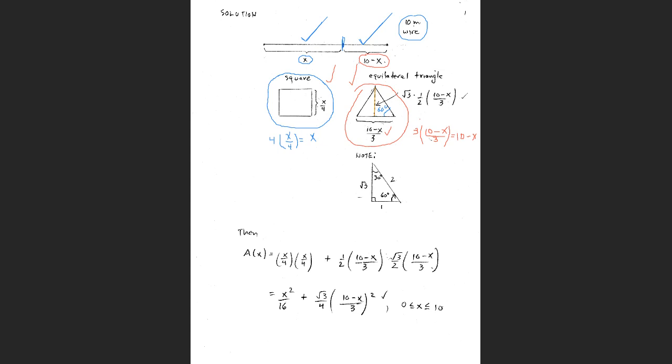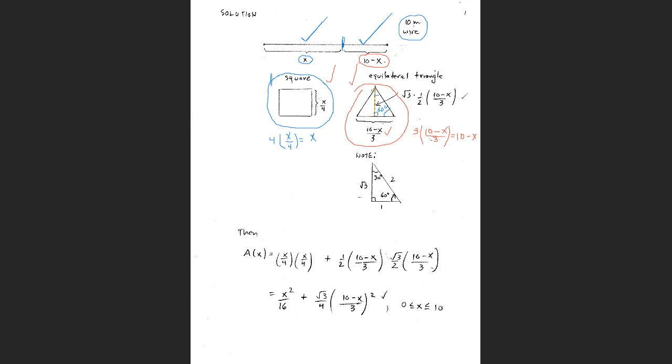But just looking at the right triangle here, because again, I'm trying to determine the height of my equilateral triangle. I'm bisecting that equilateral triangle in two. And in this right triangle, that angle's 60 degrees.